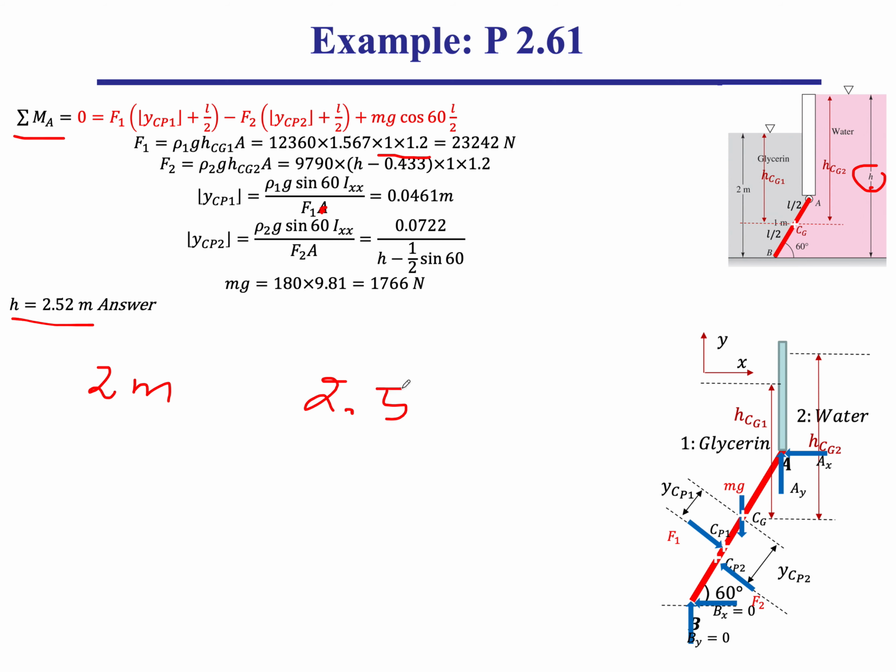And if you check the densities, glycerin is about 1.28 or 1.2, so that's 1.25, and the density of water is around 1. So when you multiply those two, you'll get the same moment.